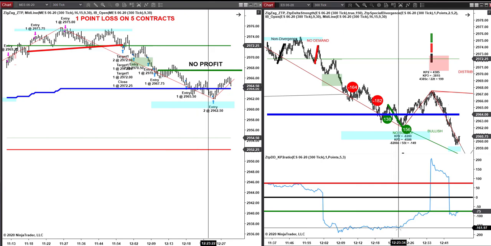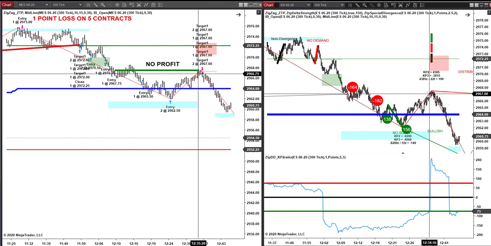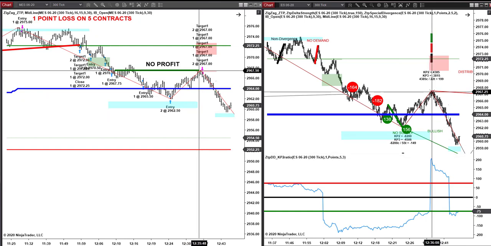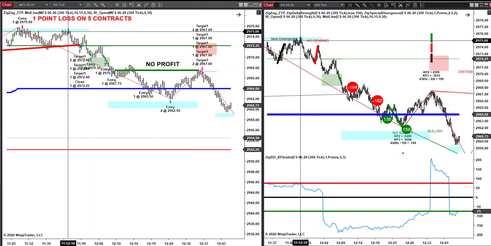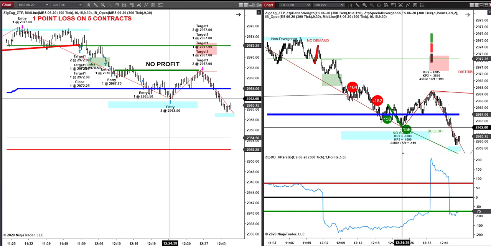Now, I took it off pretty much exactly at break even. And why did I do that? Well, first off, when we go from a blue zone to a blue zone, that is a pattern that I call strong trend reversal.